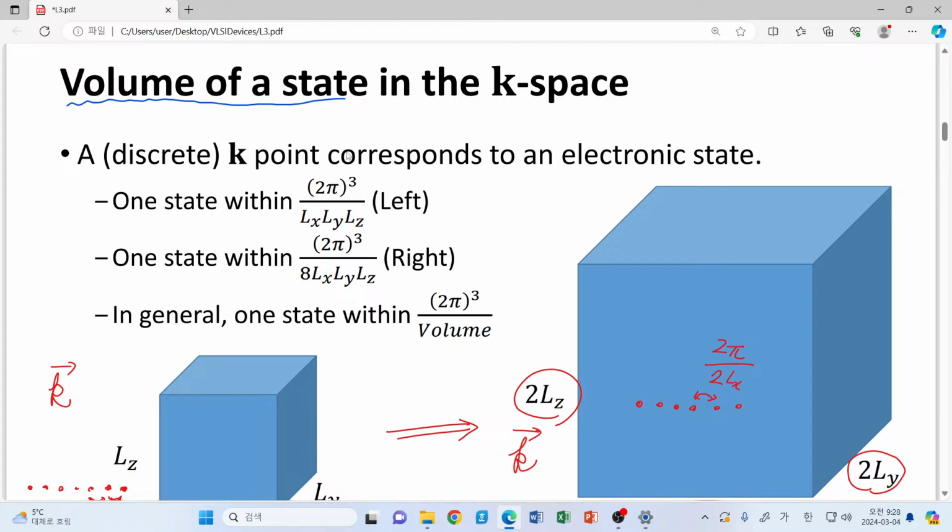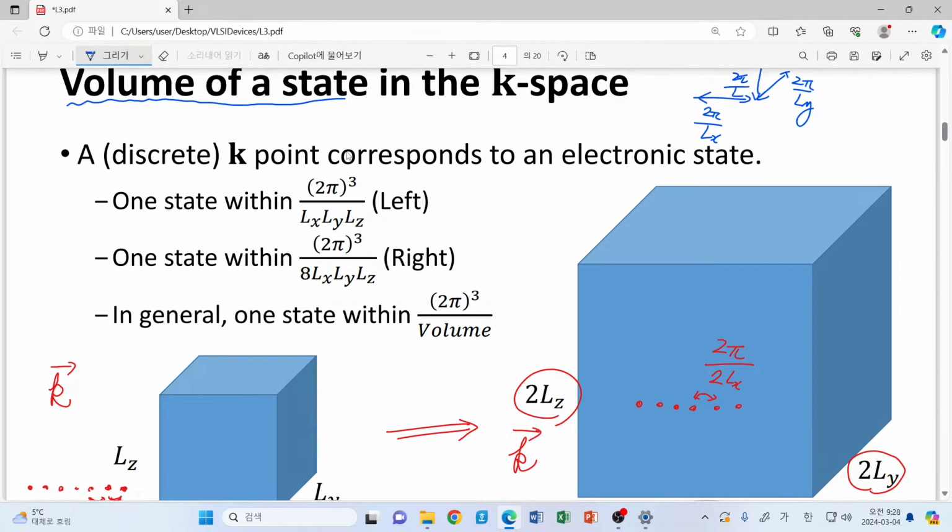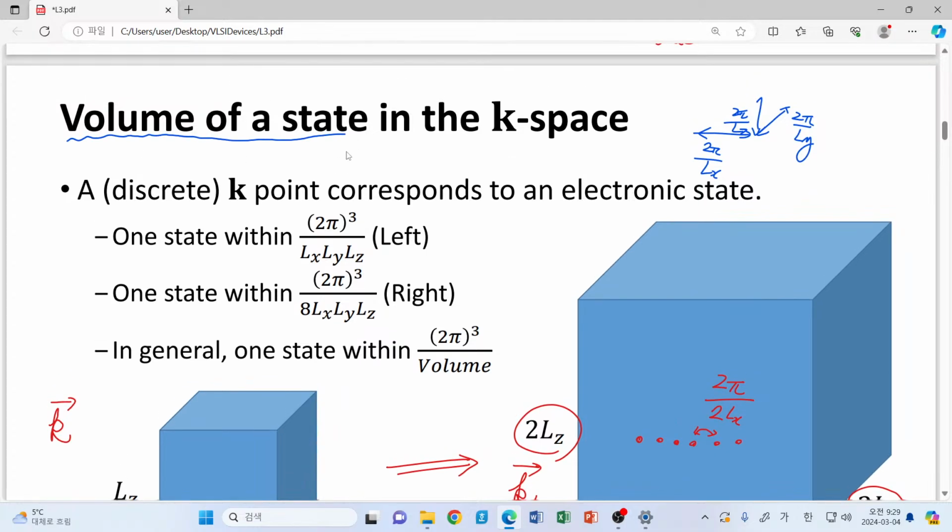Each state is separated by 2 pi over Lx along the kx direction, 2 pi over Ly along the ky direction, and 2 pi over Lz along the kz direction. The volume of a cuboid in K space can be simply given by this number. So are you with me? It is just the product of 2 pi over Lx, 2 pi over Ly, and 2 pi over Lz.